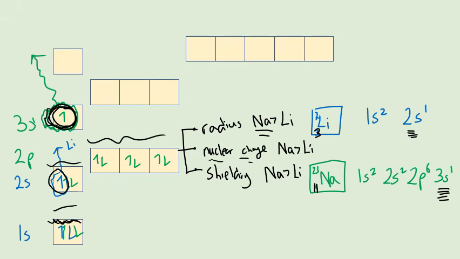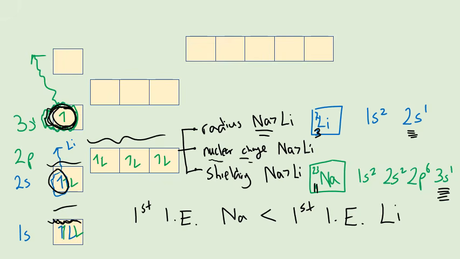So it's 2 against 1 if you like. So I'm going to say that my prediction is that the first ionization energy for sodium is going to be less than the first ionization energy for lithium.